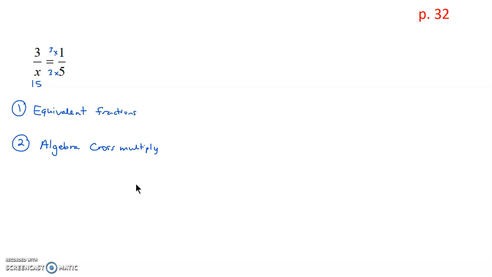So let's set that one up. 3 over x is equal to 1 over 5. So it doesn't matter where x is. And this time I'm going to place x over on the left-hand side. So I'm going to cross multiply. 1 times x is equal to 3 times 5, or 5 times 3. Doesn't matter the order that you put it.